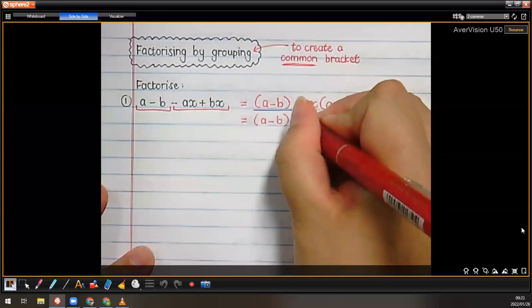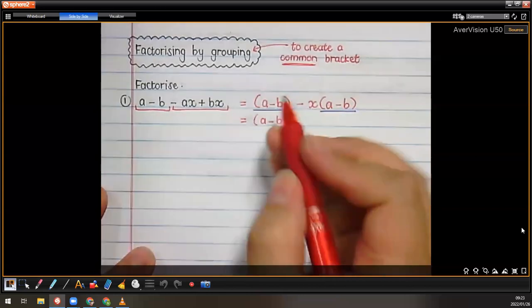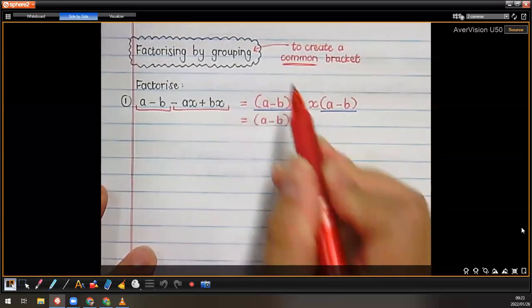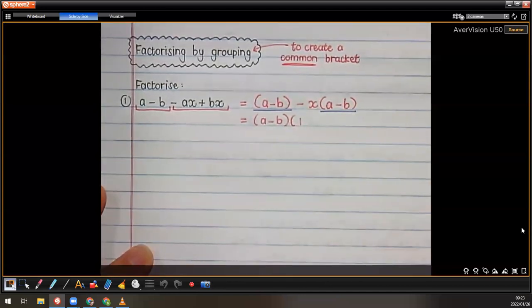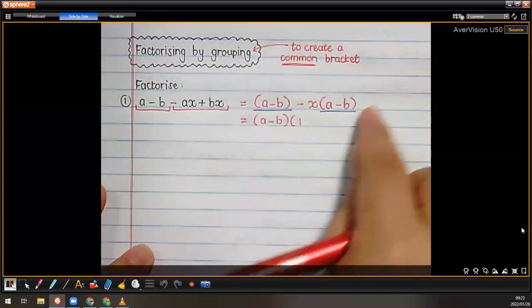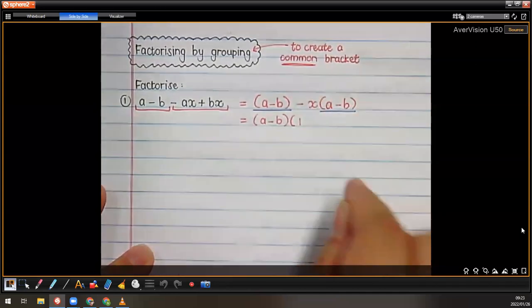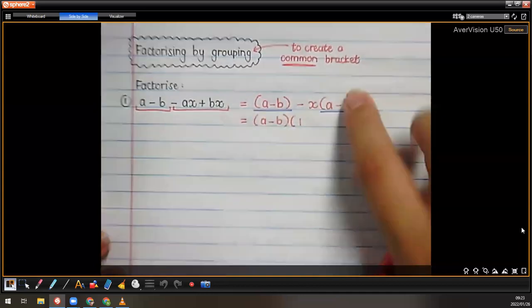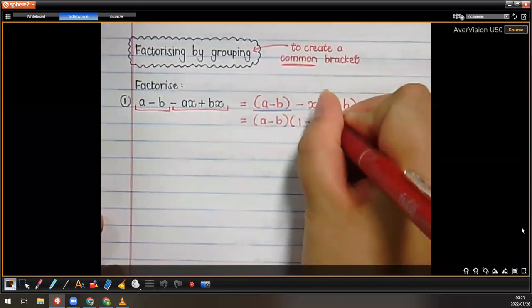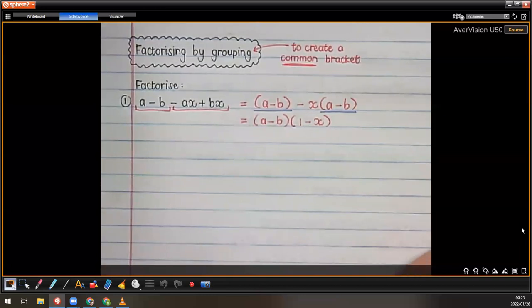Okay, so we're going to do our second brackets. What is a minus b divided by a minus b? 1. Well done. And then what is negative x times a minus b divided by a minus b? Negative x, right? The brackets are going to cancel each other off. So we are left with 1 minus 2.